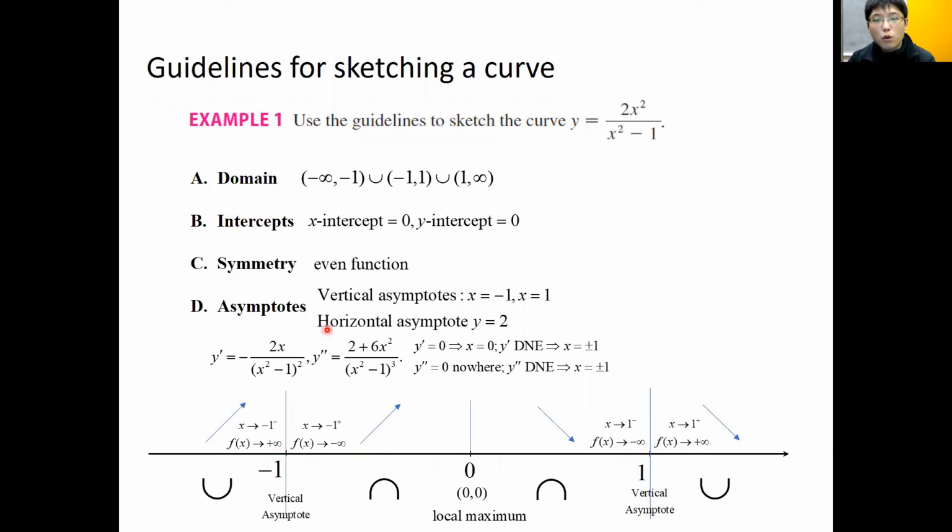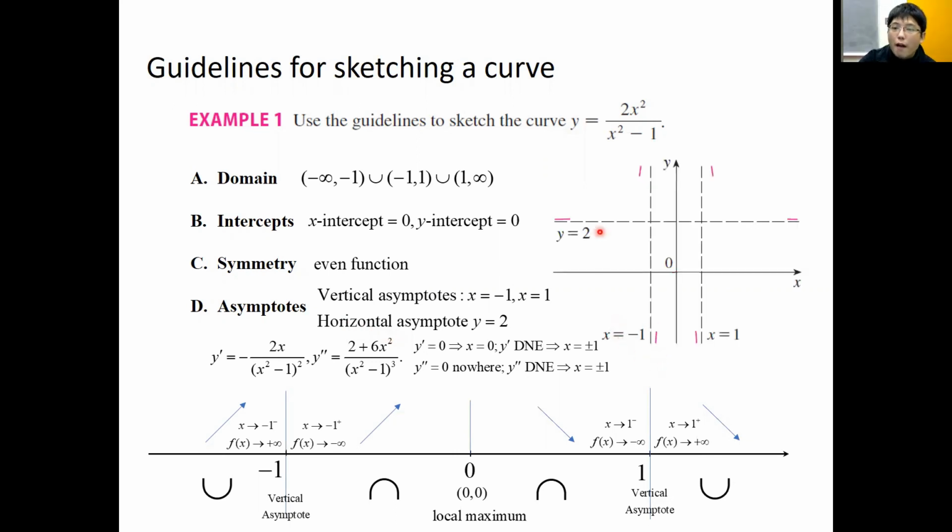Also with the horizontal asymptote y equals 2, which we have determined, we can draw the diagram in the following way. First, we have the asymptotes y equals 2, x equals 1, and x equals minus 1. And we know that the function is approaching positive infinity when x approaches 1 from the right. That's how we see this part. And the function is approaching minus infinity when x approaches 1 from the left. That's how we see this part.